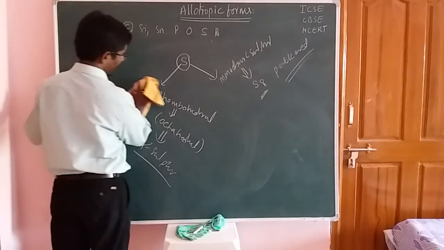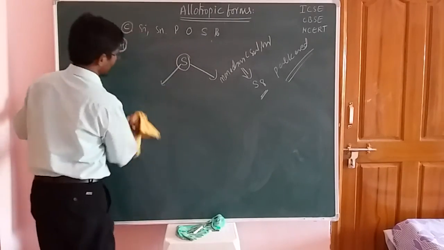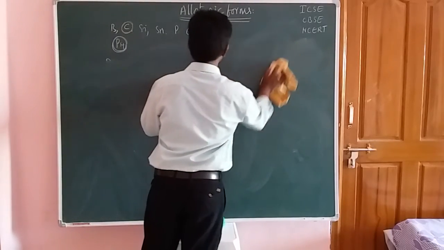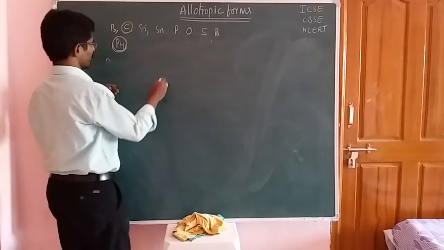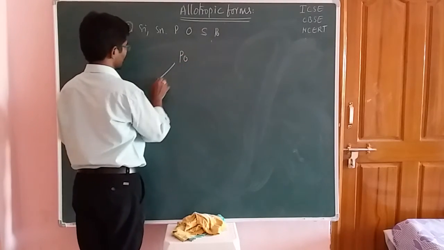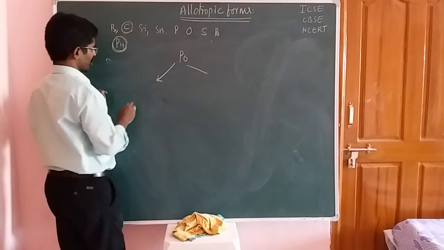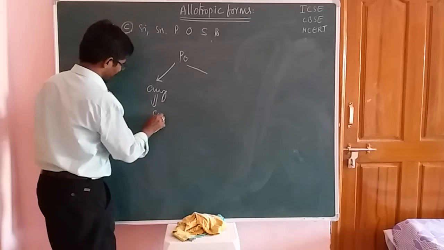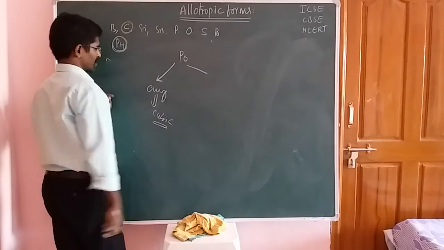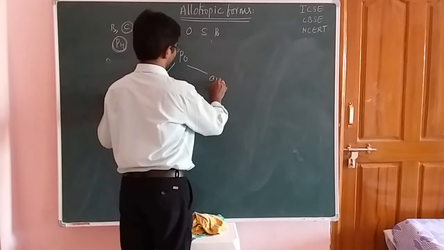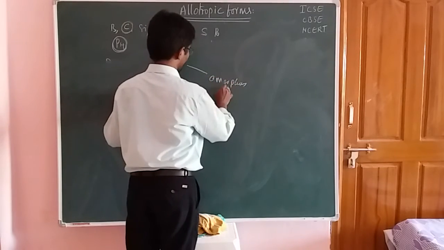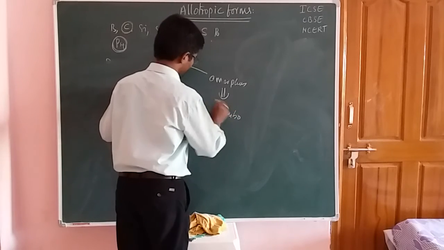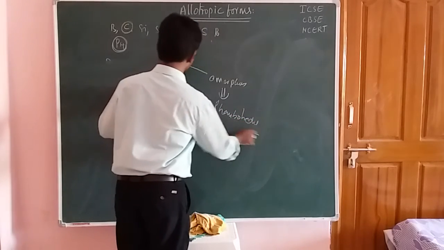The last one is polonium. Polonium also exists in two allotropic forms. The first one is a crystalline form, which has a cubic structure. The second one is the amorphous form, which has a rhombohedral structure.